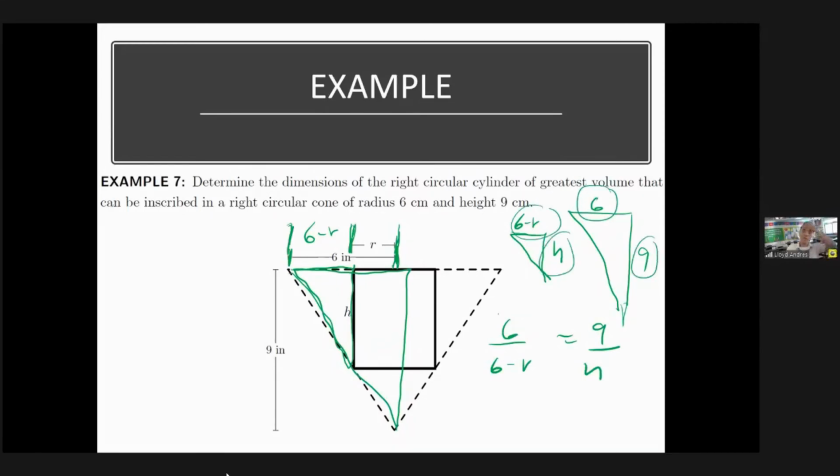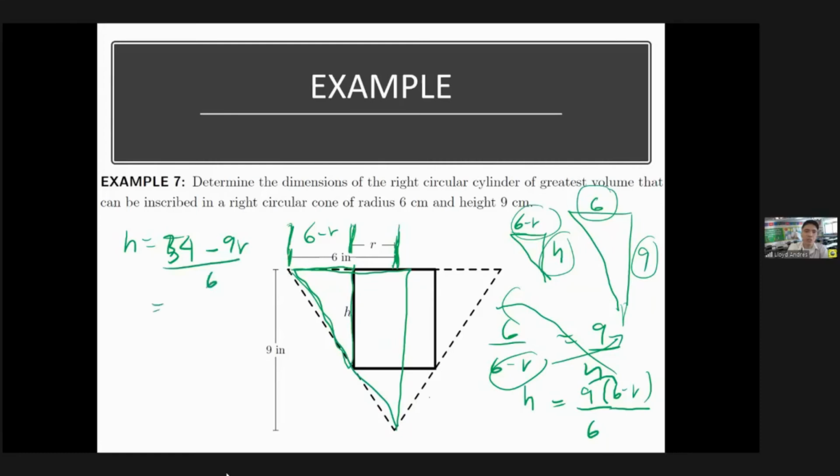Then we have to isolate h. So we cross multiply here. We just swap them: h goes on one side, and 6 goes below, and the other goes on top. So we have 6 minus r. Simplifying, h is equivalent to, distribute the 9: 9 times 6 is 54, minus 9r over 6.